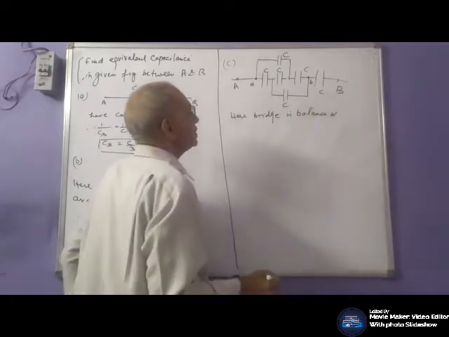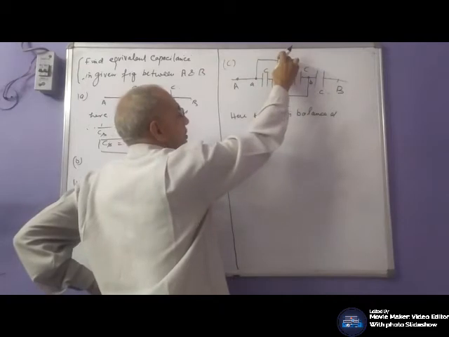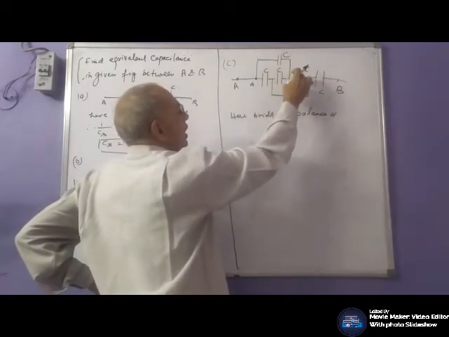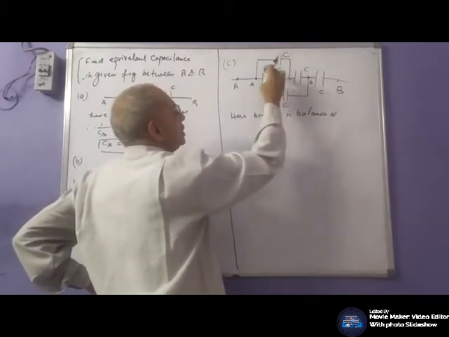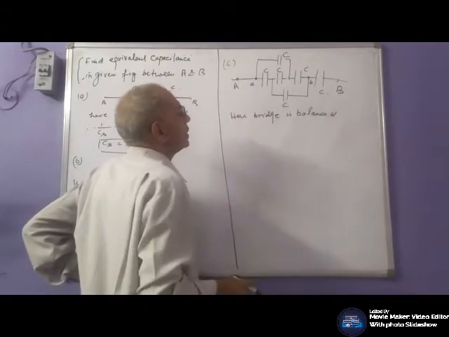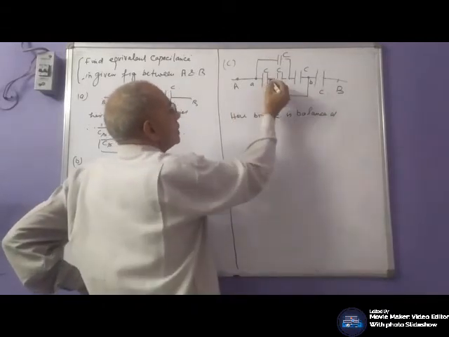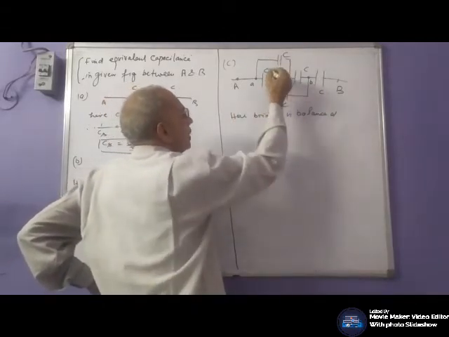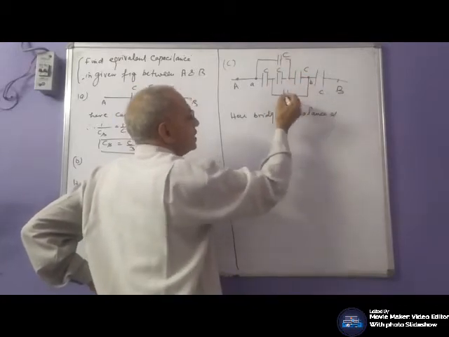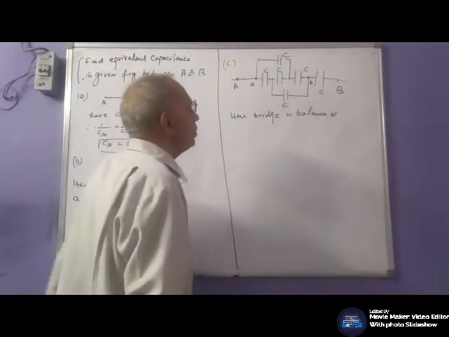What is the balancing condition? This upon this. There are 5 capacitors: 1, 2, 3, 4, 5. This by this, if this by this is equal, the bridge is said to be balanced.